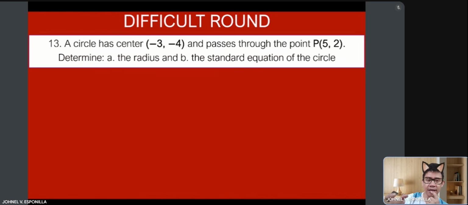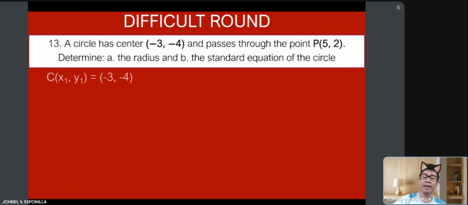We know that in the first statement, we have the center and a point on the circumference, because it passes through the point P. So (5, 2) is a point on the circumference. When we connect the center and the point on the circumference, we form a radius.